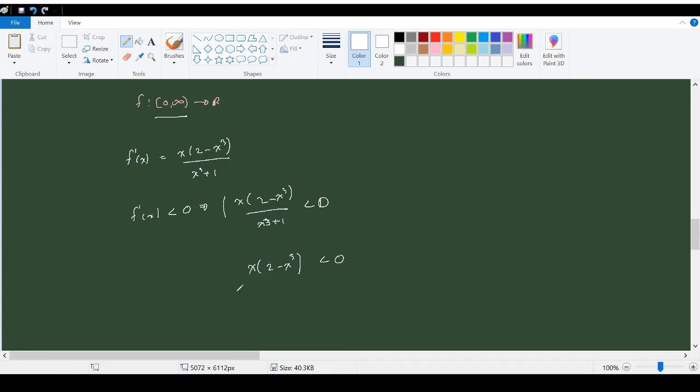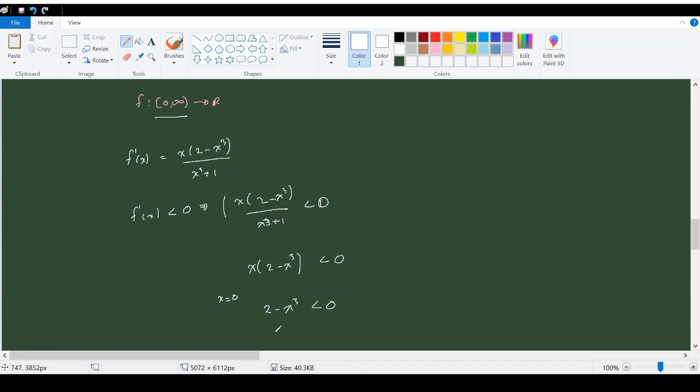So from this inequality itself, it says that x is not equal to 0, and also from the choice of the domain, we know that x is not a negative number. So definitely x is a positive number, right? So we can just cancel x out from this inequality, and we end up with this one, right?